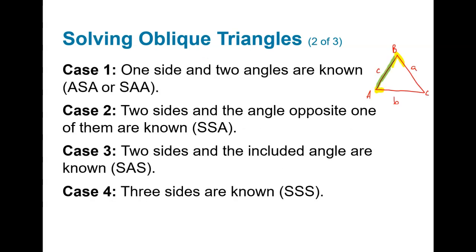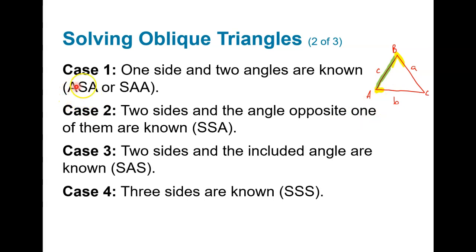ASA or SAA. Let me just show you the difference between these two. If I have two angles, angle A and angle B, and I know their measures, and I know the side length C between them, then that's ASA.